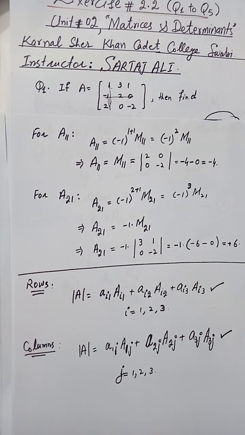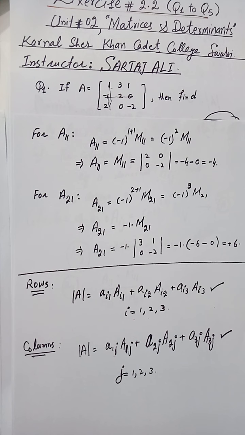Now the question arises: in these 6 possibilities, which one should I use, with respect to which row or which column should I find the determinant? The best possible way is to take such a row or column in which the number of zeros is maximum.